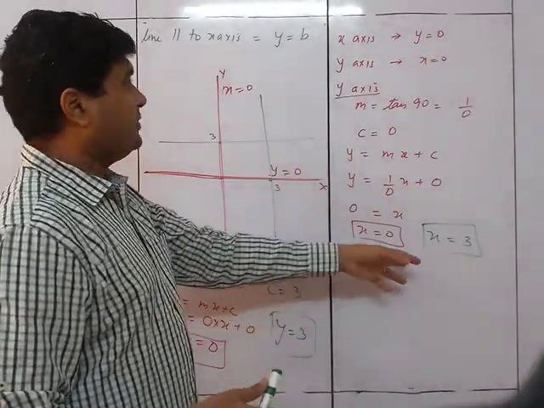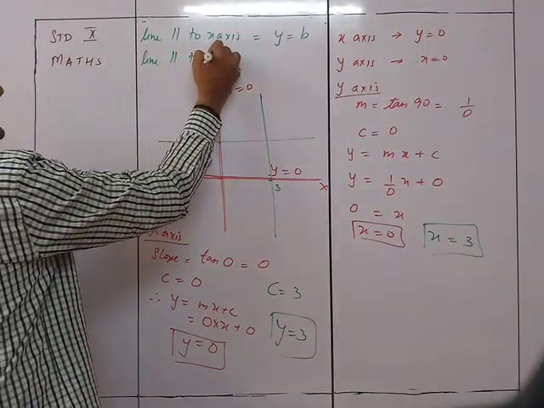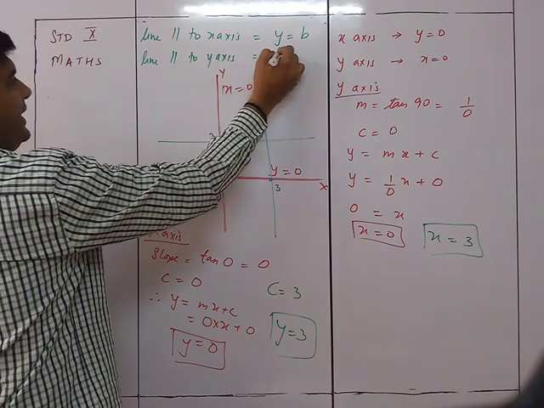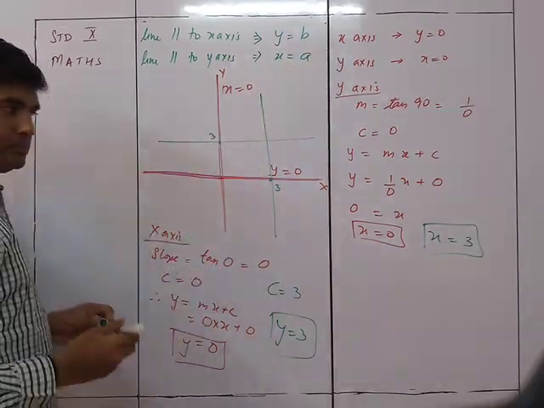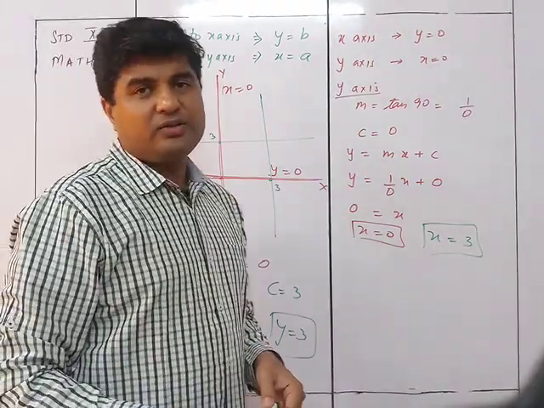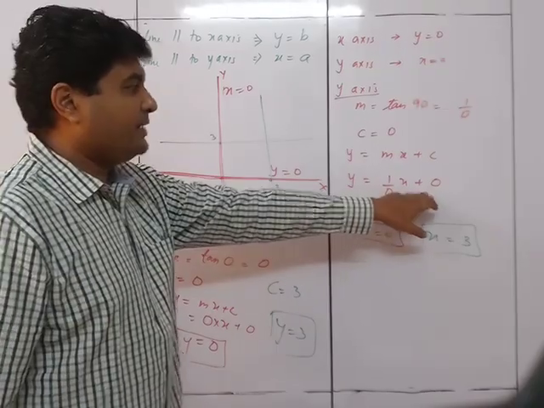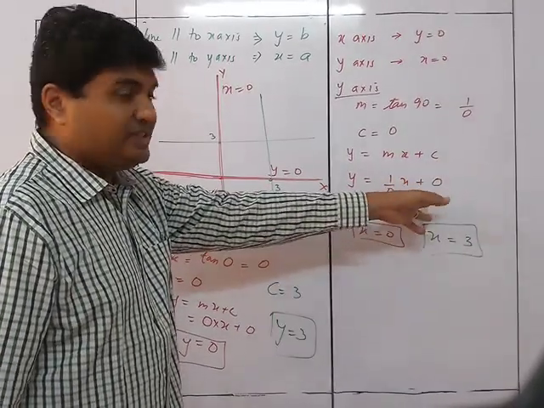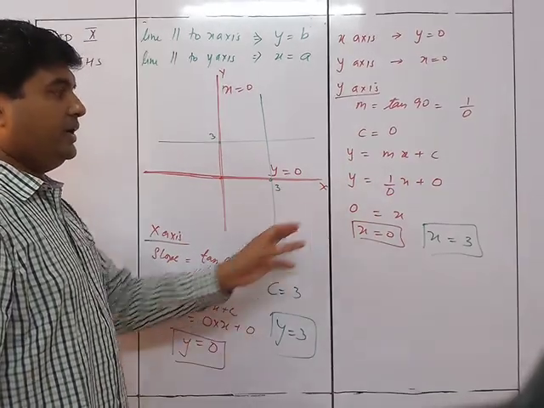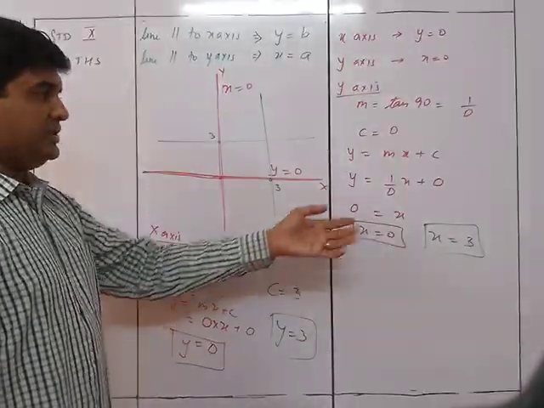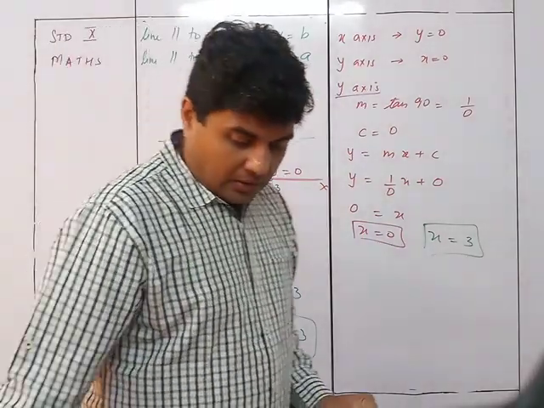The line parallel to the y-axis will be x is equal to a. There is no y-intercept as such, it is not touching at all, so x is equal to 3 is the final answer, right?